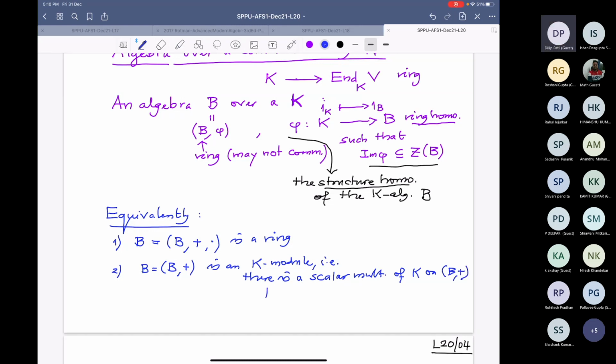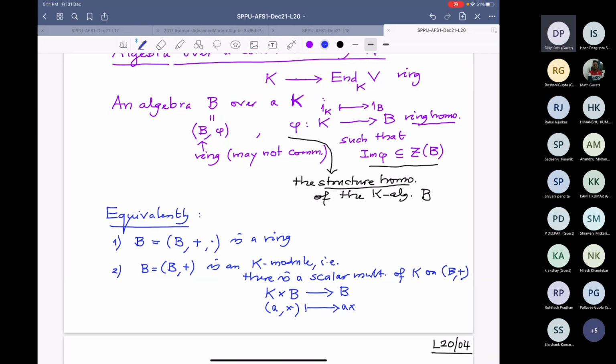That is, you think of that as a map from K cross B to B, and obviously we are denoting (a, x) goes to ax. That is just a notation.